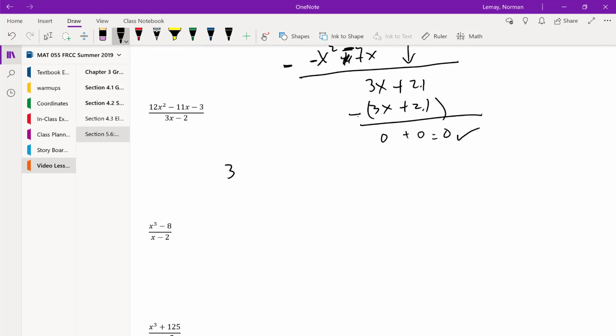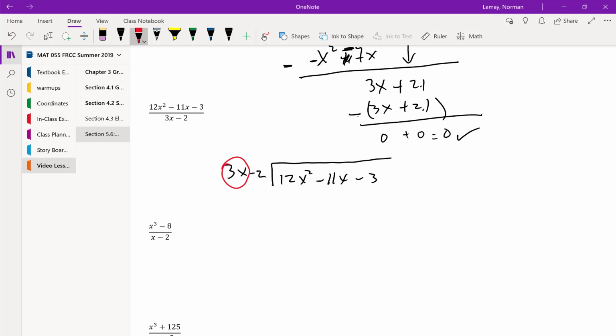So let's go 3x minus 2, and we'll divide that into 12x squared minus 11x minus 3. All right, so notice I'm just going to take the red circle, so we'll take the circle terms. So the question is what do we multiply 3x by to get a 12x squared?